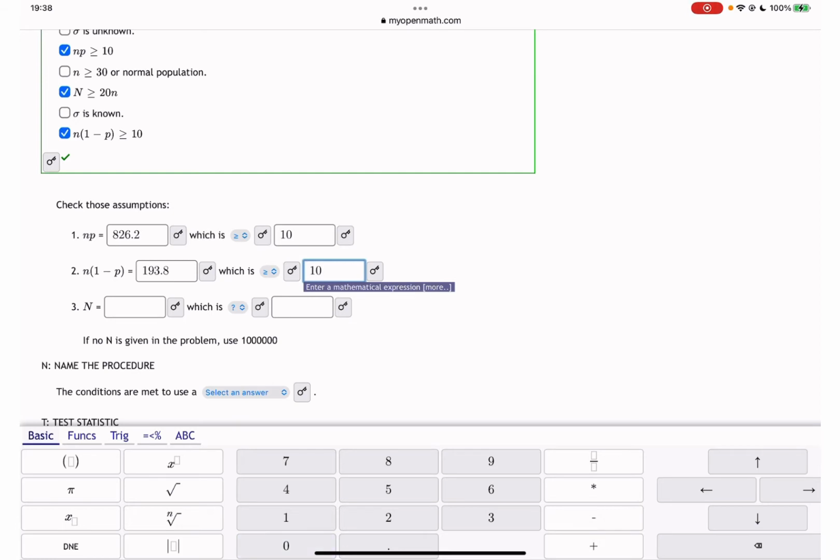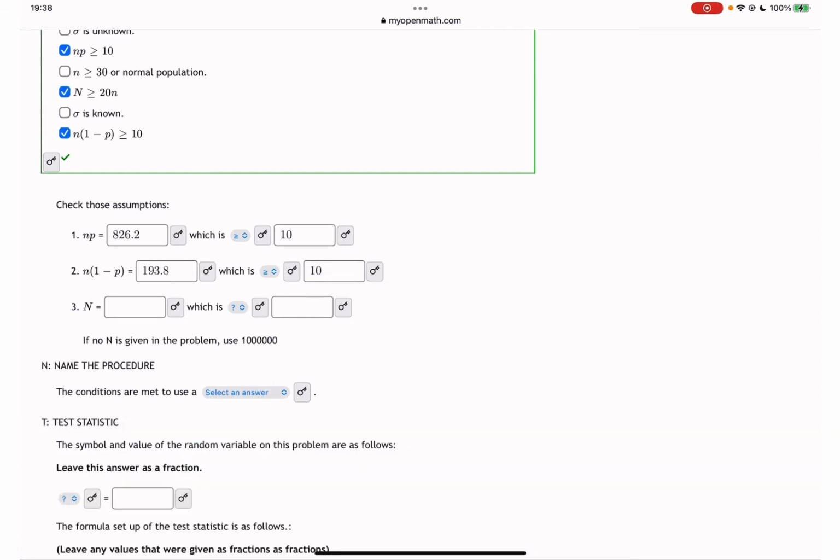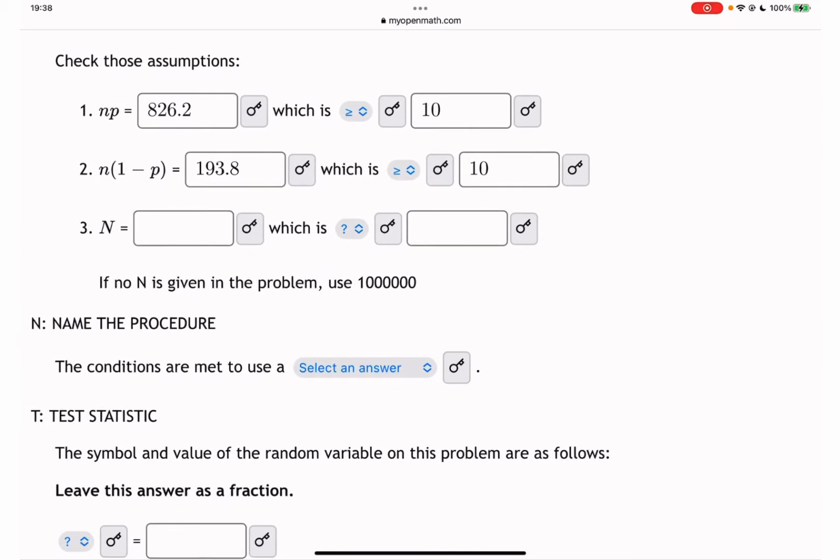We're checking these assumptions before we can solve further. Since population size is not given, and it says here if no n is given in the problem, use 1 million, which is 6 zeros.